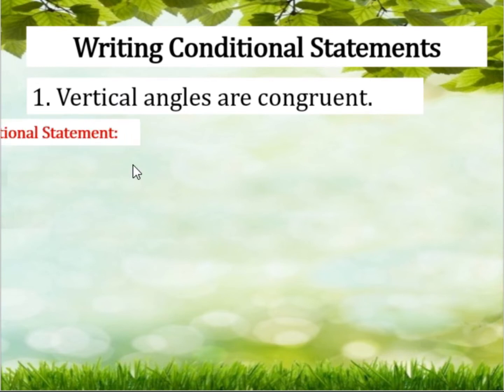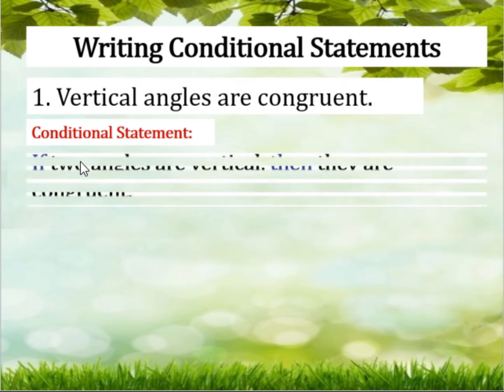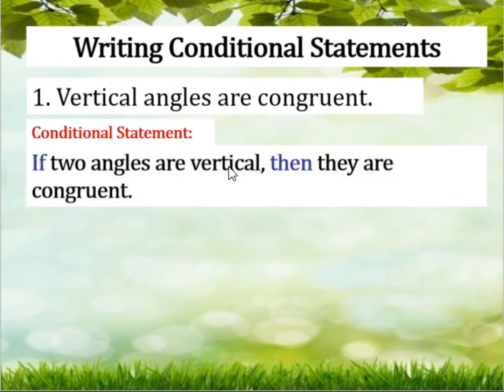So, we will have now our conditional statement as if two angles are vertical, then they are congruent. Dinagdag natin yung subject na two angles pagkatapos ng word na if, at pagkatapos naman ng word na vertical ay nag-insert tayo ng word na then. So this is now our conditional statement.